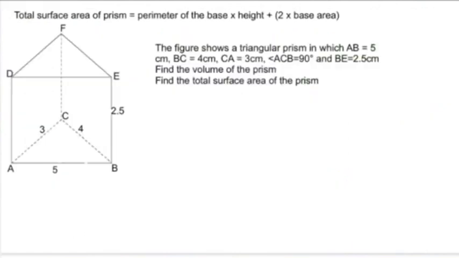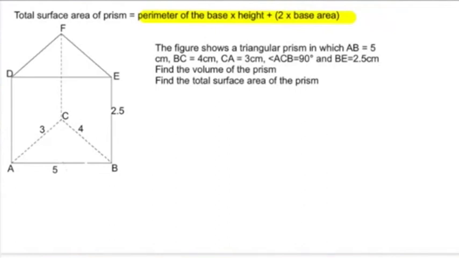So let's take a look at an example. Again, the total surface area of the prism is the perimeter of the base times the height plus 2 times the base area. We're going to take a look at this example over here to my left of a triangular prism.